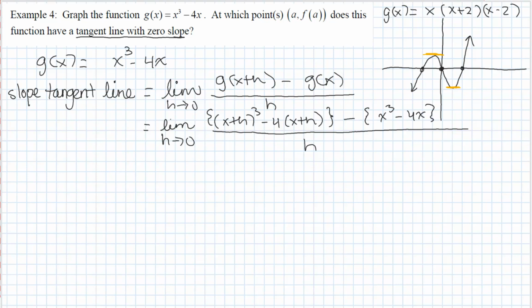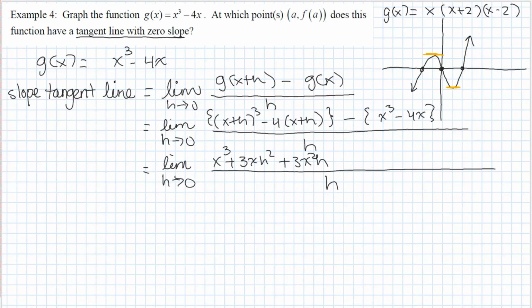When we expand, you still have just h on the denominator. On the numerator, you have x to the third plus 3x squared h plus 3x h squared plus h to the third. If you expand x plus h to the third power, that's x plus h times x plus h times x plus h, and that's what you will get. Minus 4x minus 4h minus x to the third plus 4x.